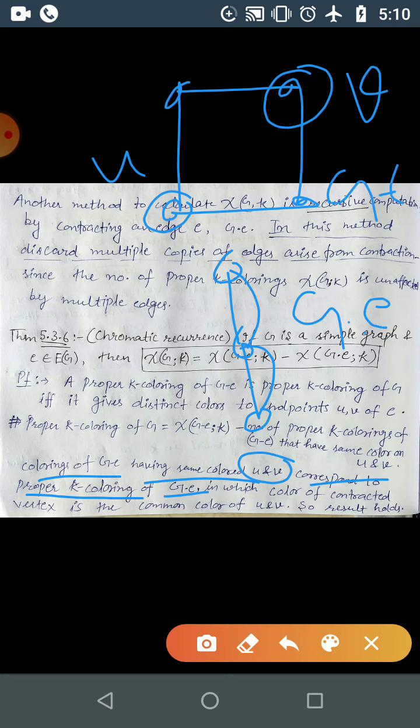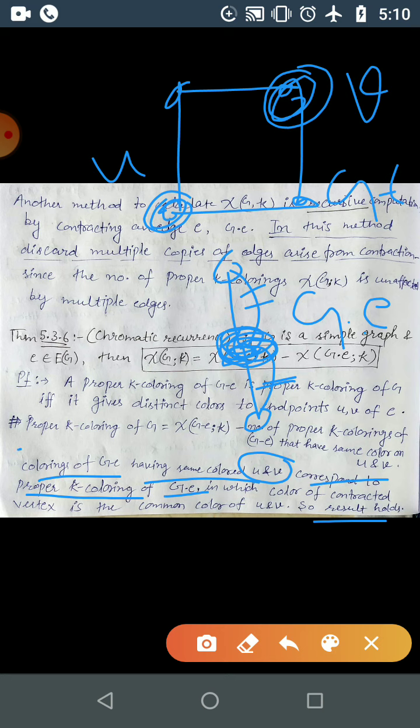In G dot E, the color of the contracted vertex is the common color, because this is the common color we need. And we can remove the multiple edges to make the graph simple, because these multiple edges don't affect the coloring, correct. So that's why this result holds.